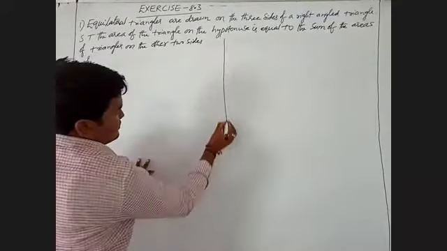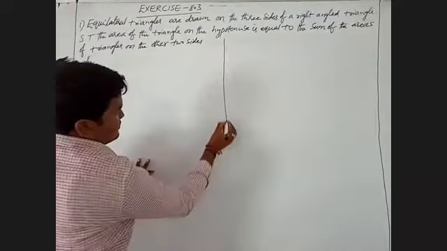Okay, on the three sides of the right angle triangle, I will draw equilateral triangles. This is one equilateral triangle. After that, this is another equilateral triangle. Also, I have to take this another equilateral triangle.